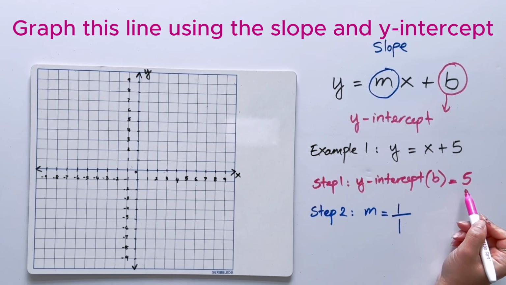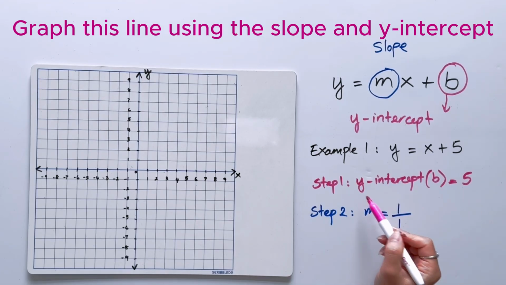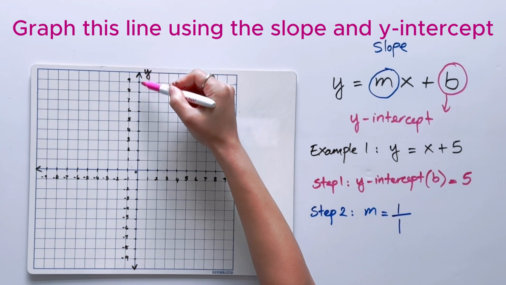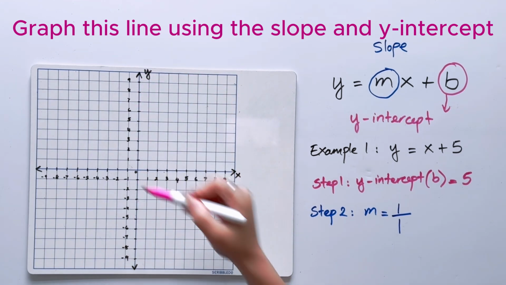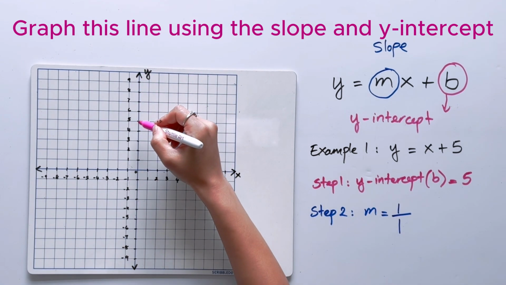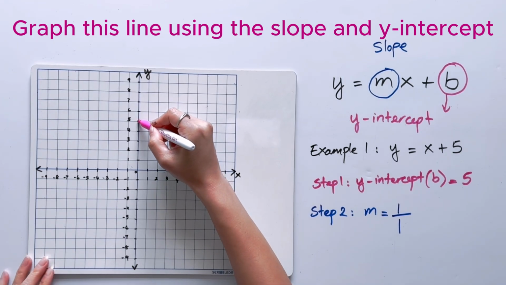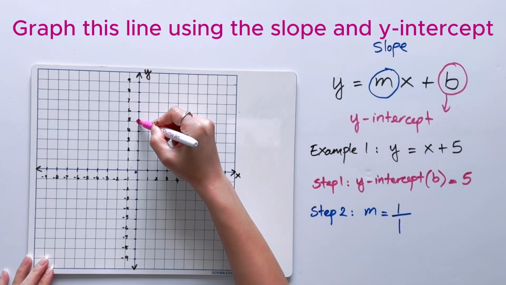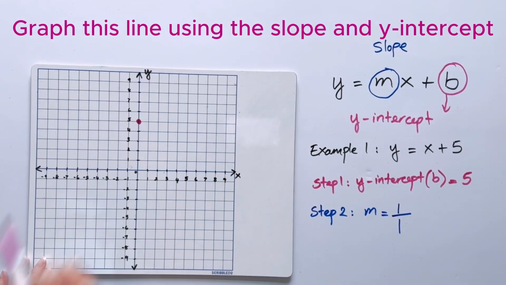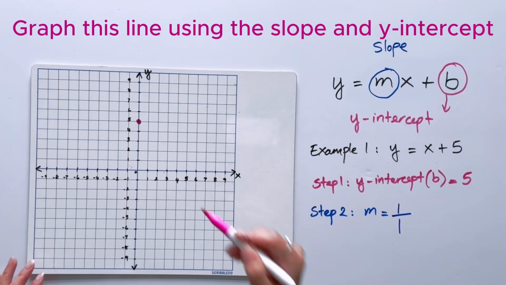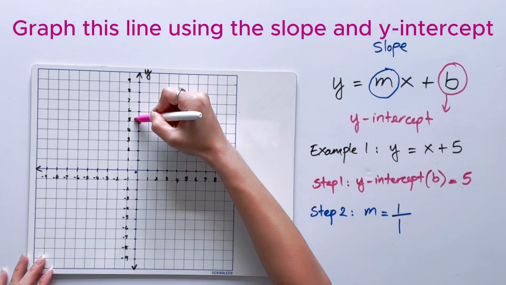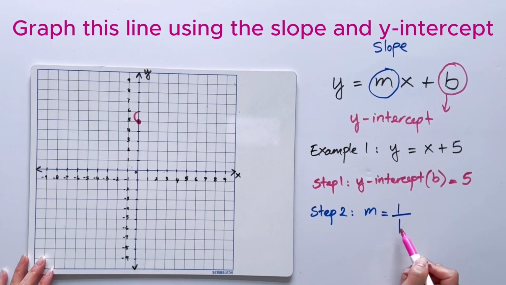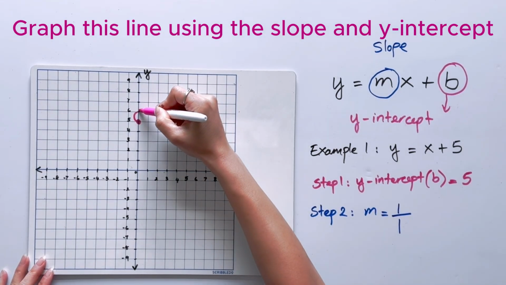The y-intercept is positive 5. When you say y-intercept, it means you look at the y-axis and you look at the number 5. So number 5 is right here and you put the dot right there. That is our first point. The next step is 1/1, which means it's a positive slope. So you go up 1 and you go over to the right 1.